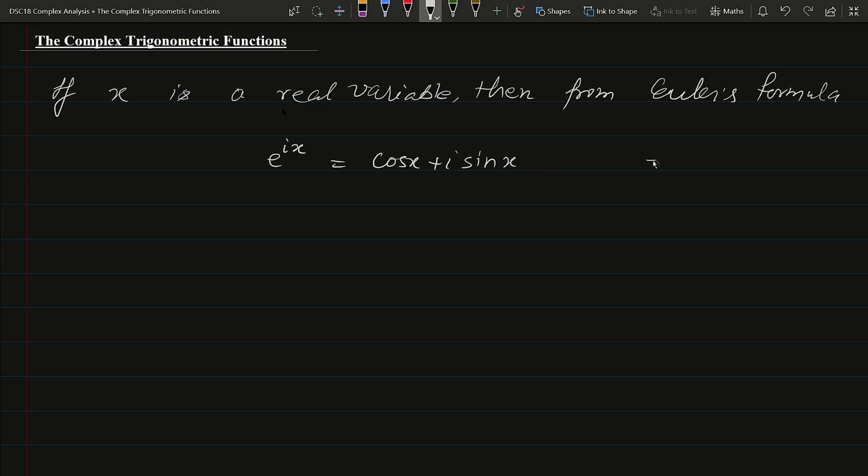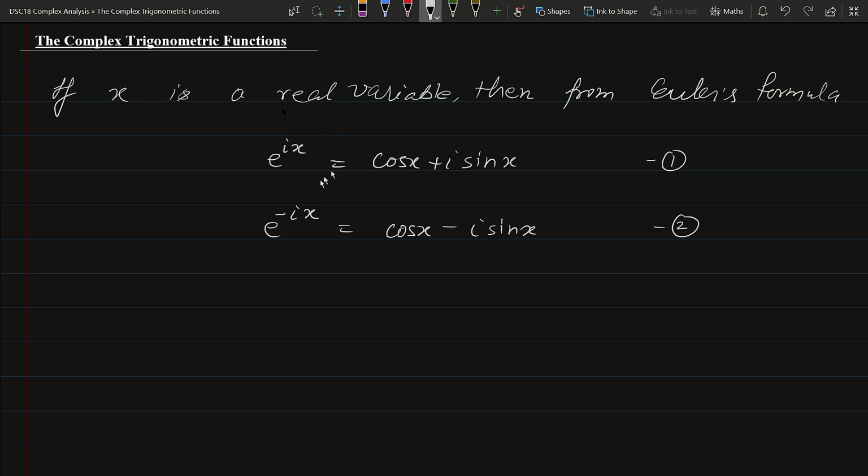Okay, let me call this 1. And at the same time, if we have e to the power minus iota x, then this will be equal to cos x minus iota sin x. Okay, here this x is a real variable, right?